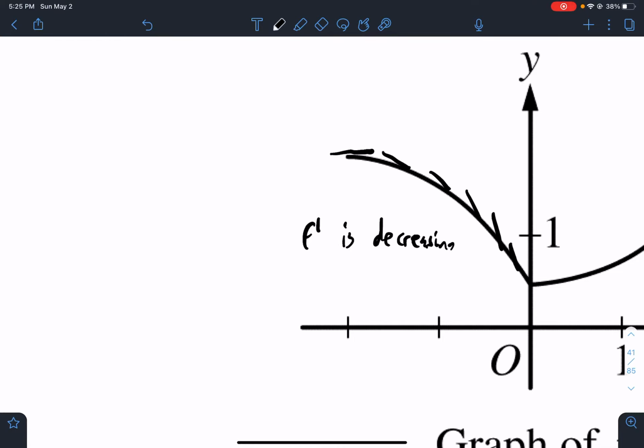So this will be f of 3 plus f prime of 3 times x minus 3 plus f double prime of 3 x minus 3 squared over 2 factorial, and I'll add one more, plus f triple prime of 3 x minus 3 cubed over 3 factorial.